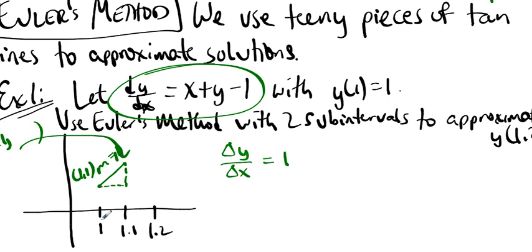And we know what the change in x is because we can measure it. So the change in y must also be 0.1. And if the change in y is 0.1 and we started at 1, then the new y value must be the old y value plus the change in y.